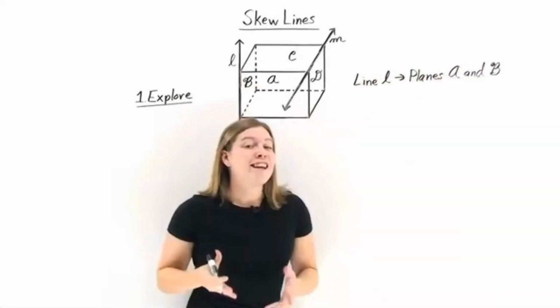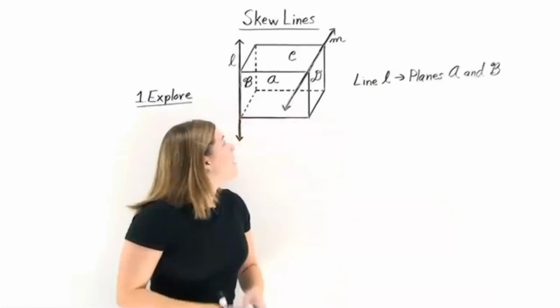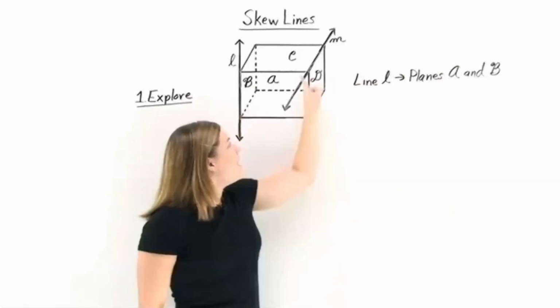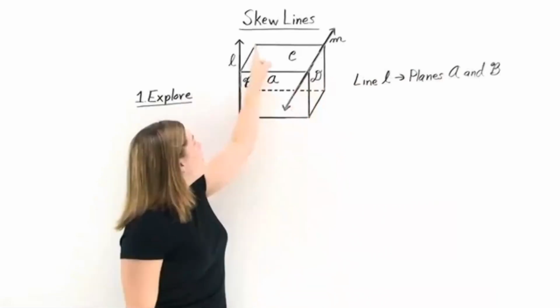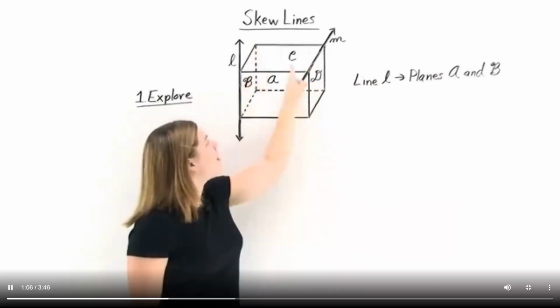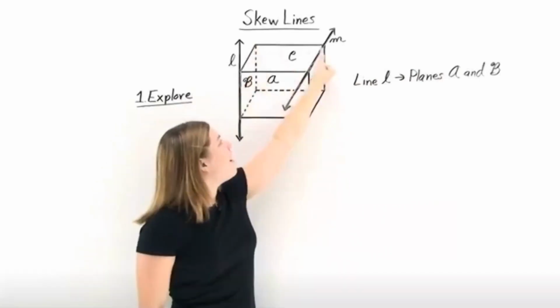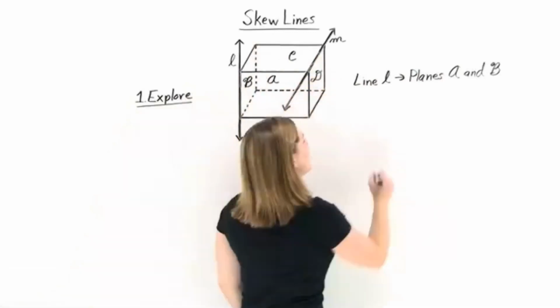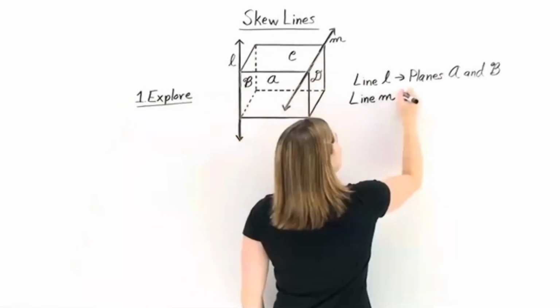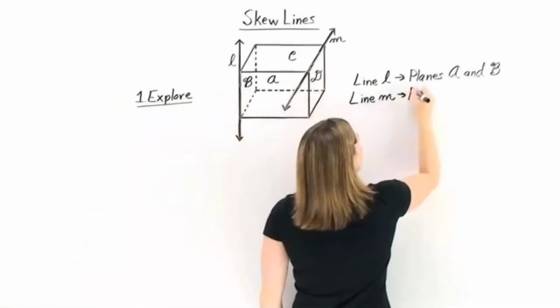Now let's take a look at line M. Again, here's line M, and line M runs in two planes as well. This plane on the top, which is labeled as plane C, and this plane on the side, which is plane D. So we have our other line, line M, and that line runs in two planes as well.